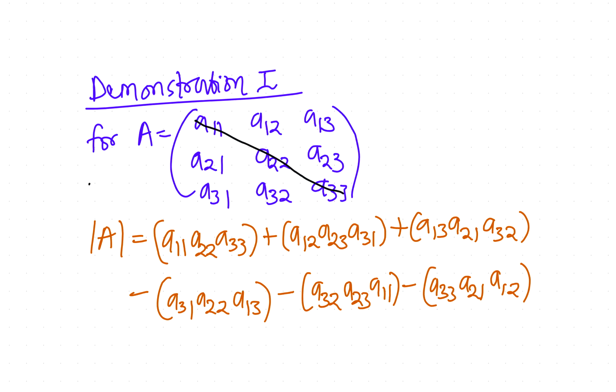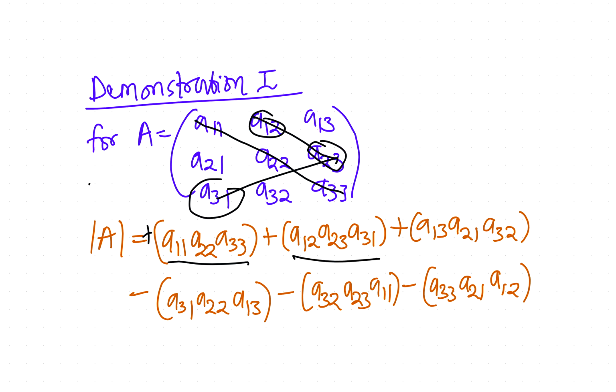This is what you have here, and it's positive, as you can see. Then the other one, you take this and then it comes into this corner. So you have A12, A23, A31, and that's what you have out here.